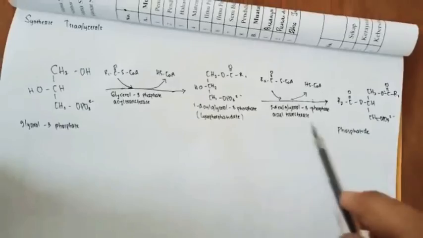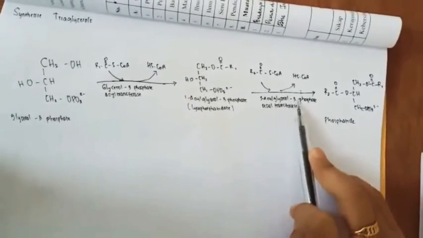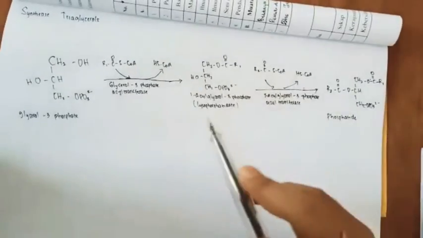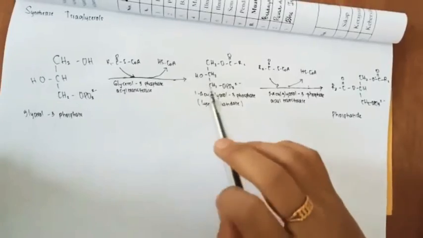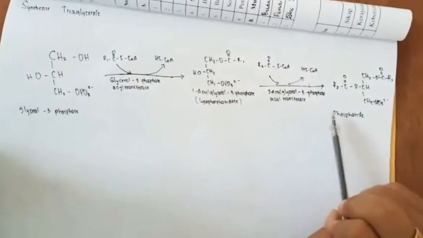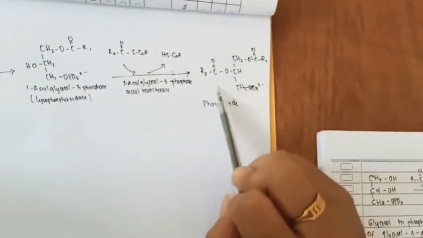The next step is 1-acyl glycerol 3-phosphate acyltransferase, which catalyzes esterification at C number 2 to produce phosphatidate, like this reaction.